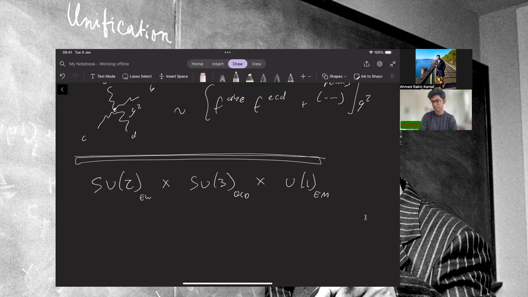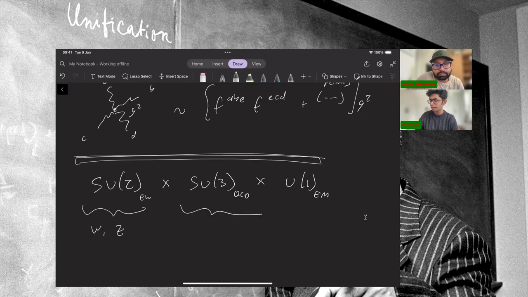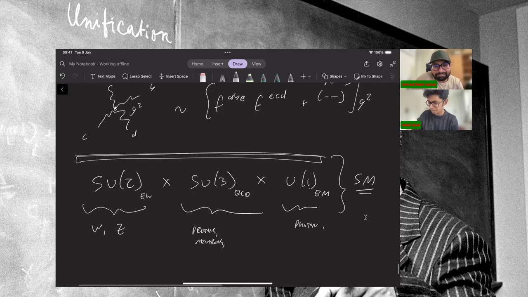This part gives us, roughly speaking, the W and the Z bosons. This part involves quarks, and these quarks get bound up together into each other and give us things like protons and neutrons. And this part, roughly speaking, gives us the photon. So this is the gauge theory of the standard model, and you'll study the structure of this in much more detail as things go on. The Higgs is underneath this guy.